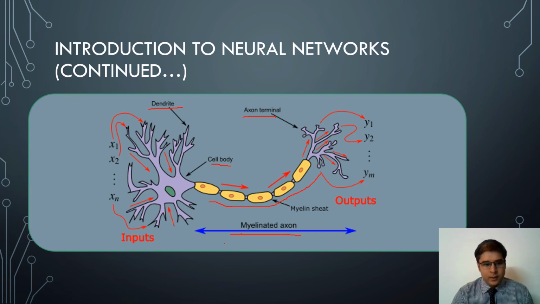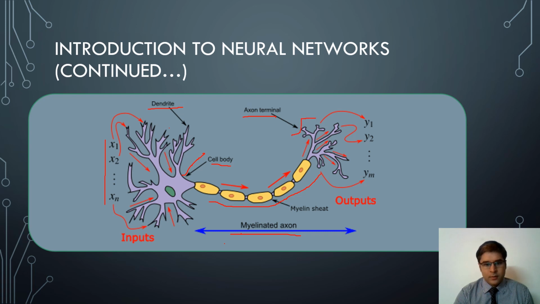Basically, a neuron accepts inputs from x1 to xn, and the inputs are passed through the dendrites. Dendrites are receiving terminals, and they pass the information to the cell body, where the information is processed, and a specific output is passed from the cell body to the output axon.